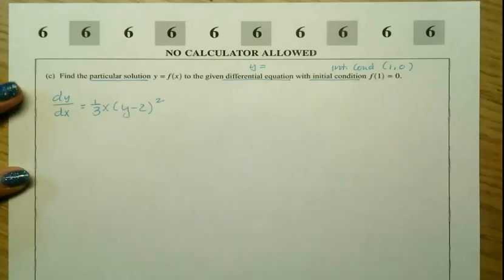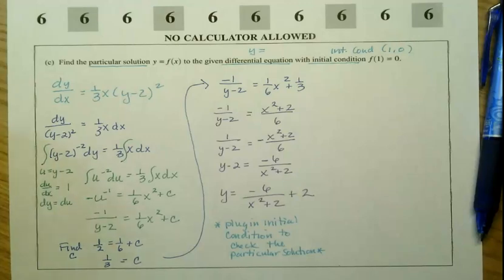Remember, the expectation is that as soon as you have taken the antiderivative and gotten that equation with the plus c, you will immediately solve for c. We will not wait till the end to solve for c. We've been practicing that all year, so let's follow through with what we've been practicing. So go ahead and pause your video and go all the way down to the particular solution. Pause now. All right, let's see how you did.